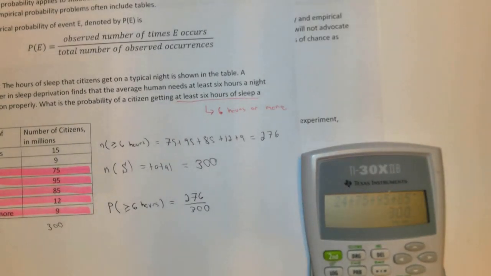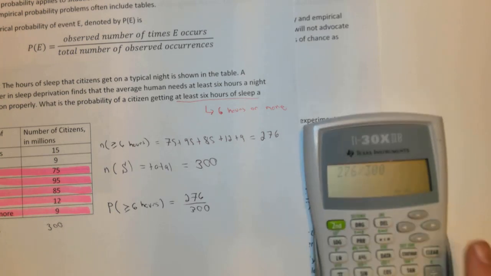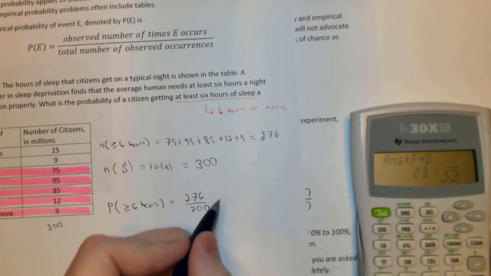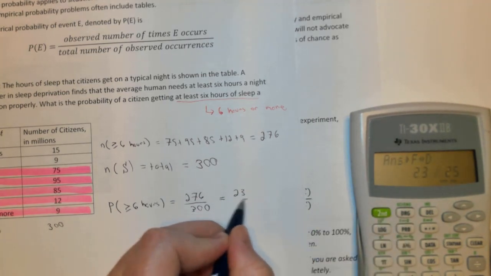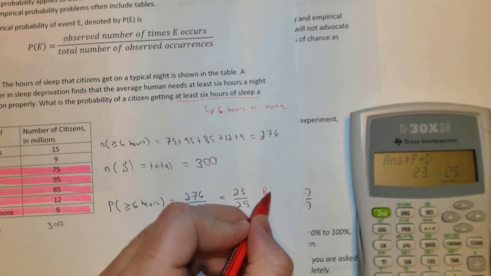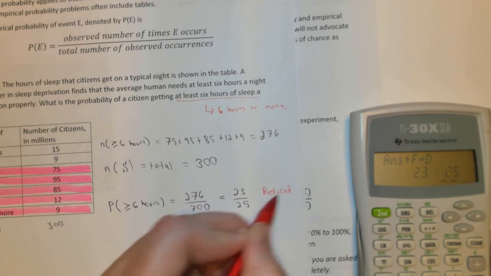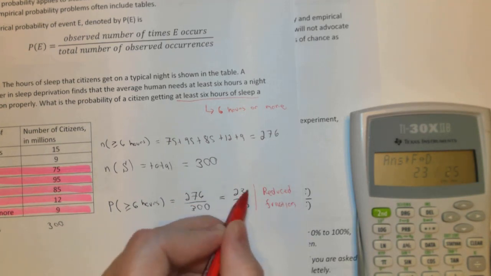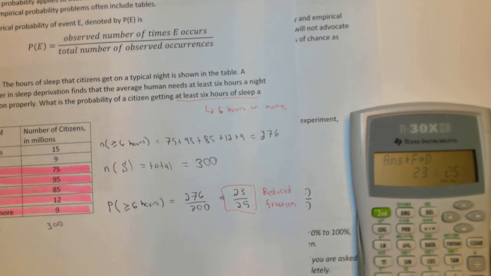I think this is going to reduce some because 276 is even, 300 is even. So, second PRB, it is 23 over 25. This is the reduced fraction. Sometimes with these empirical ones, they may just want the decimal, so I'm going to give you the decimal too.